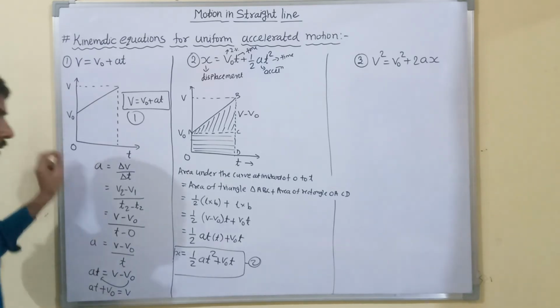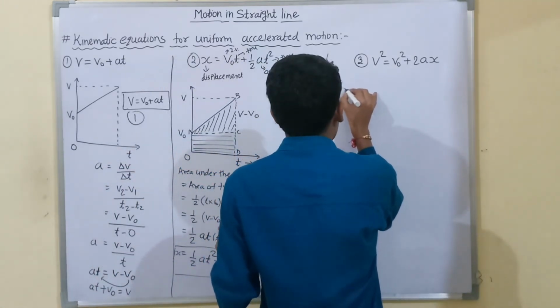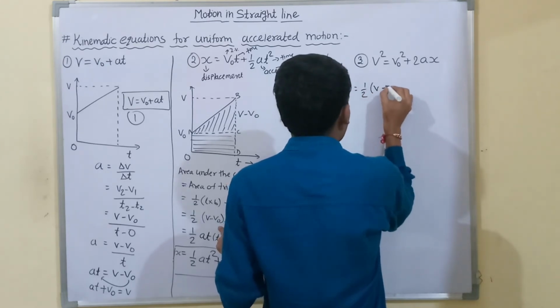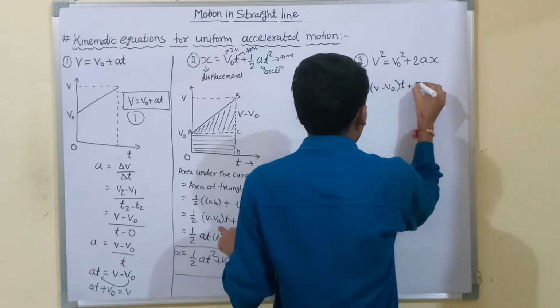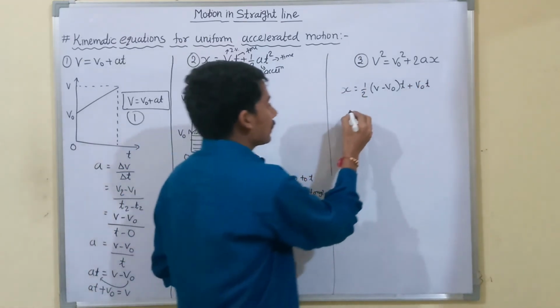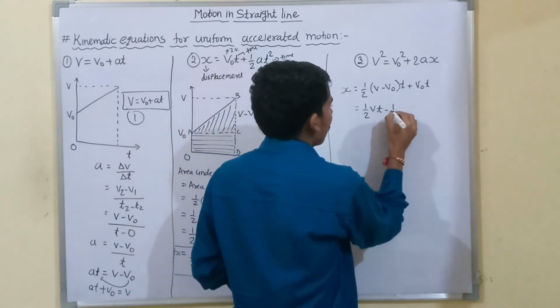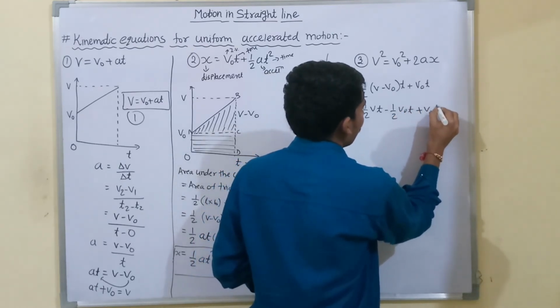We write x equals 1 by 2 v minus v naught into t plus v naught t, which is 1 by 2 vt minus 1 by 2 v naught t plus v naught t.